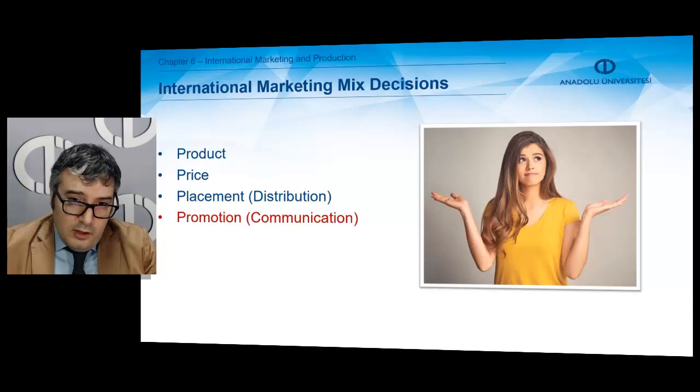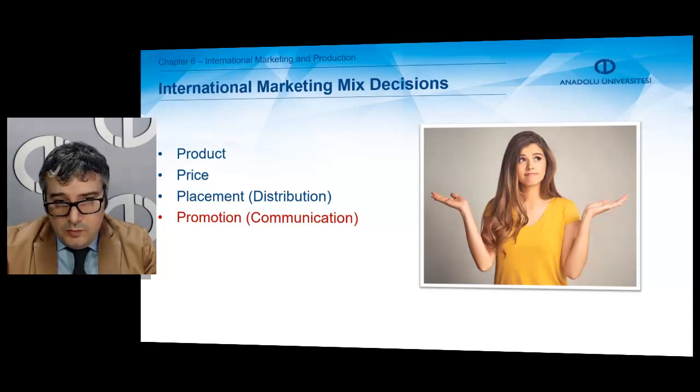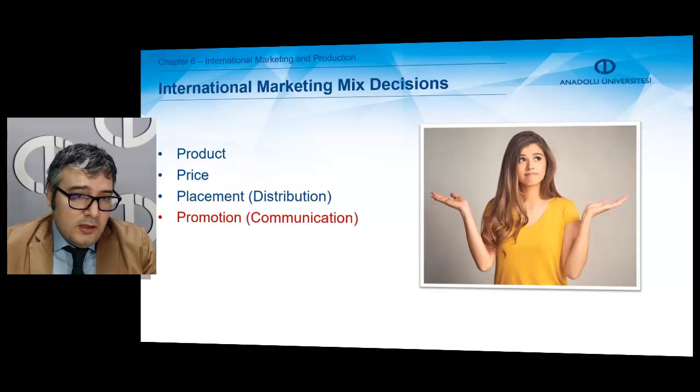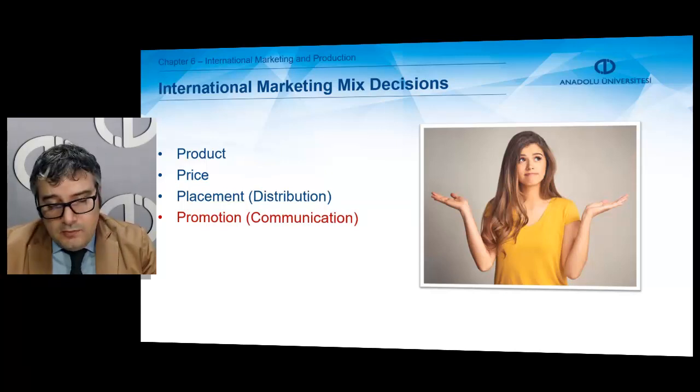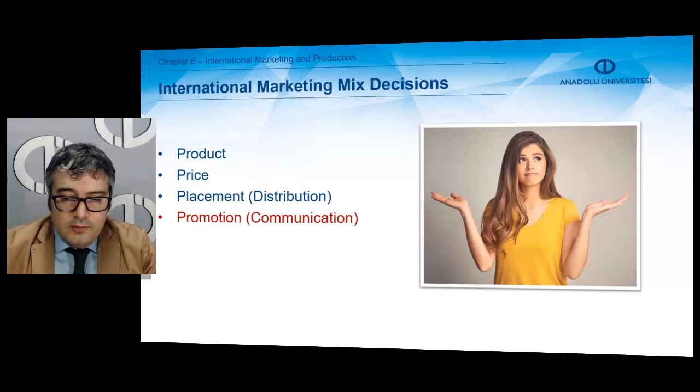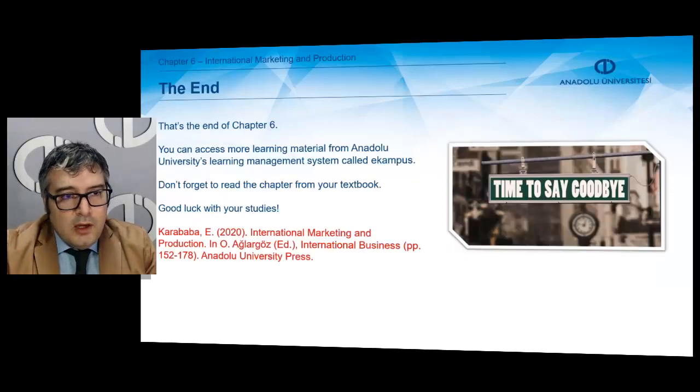In the first, the sender and receiver are at the same place, but in the international marketing mix, the sender and receiver are in different places, thus making it not easy to understand, and noise is inevitable in the marketing mix. So that's the end of chapter 6.